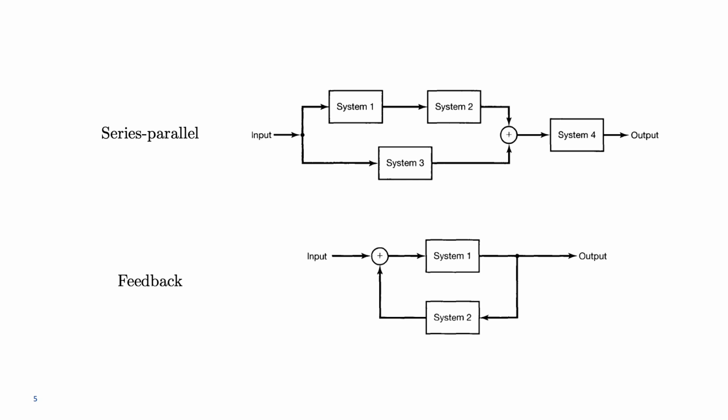Imagine the cruise control of a car where the fuel flow is the input and the car speed is the output, and such speed is fed back such that the fuel flow is adjusted to keep the desired speed. So less fuel is let pass if the speed is too high and more fuel is let in if the speed is too low.